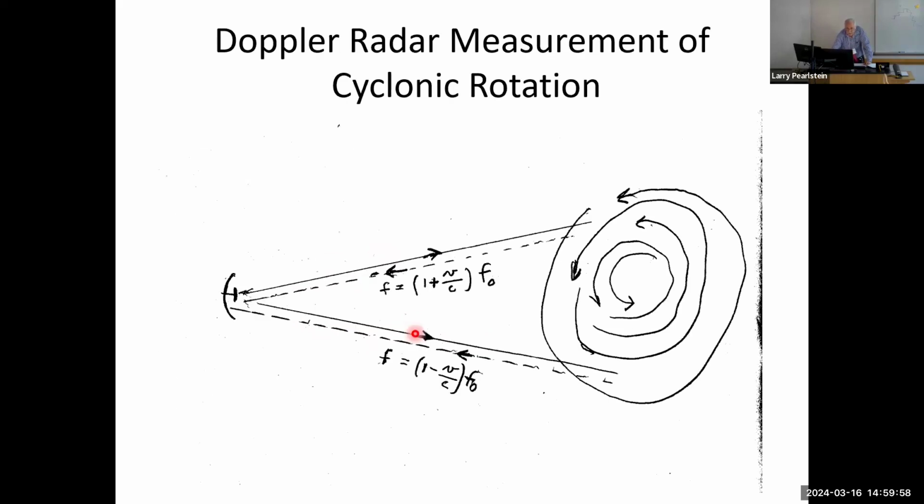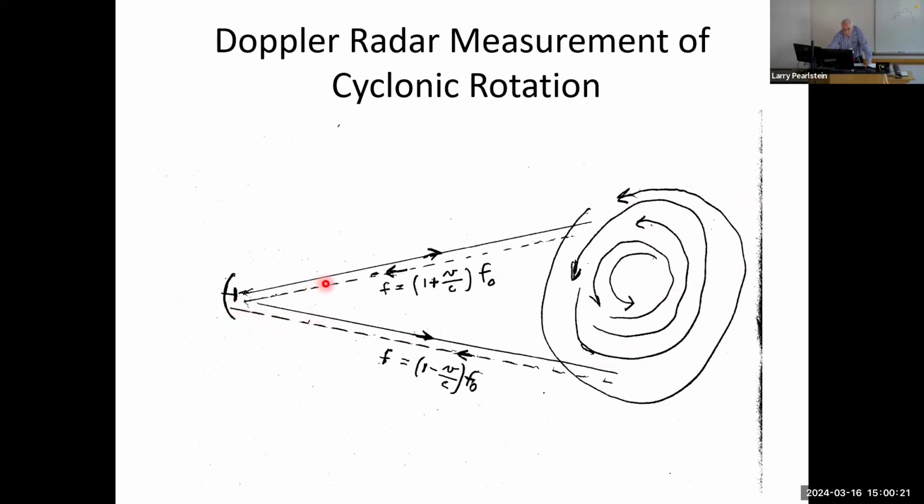The next improvement in radar is Doppler. As you know, when a source of a signal is advancing toward you, the pitch is effectively raised, the frequency is effectively raised. When it's retreating from you, the frequency essentially drops. So here you have your radar antenna looking at a cyclonic storm, and we're in the northern hemisphere, so it goes counterclockwise.